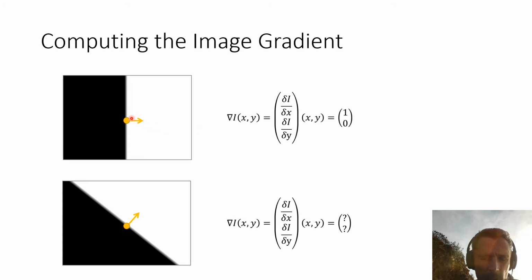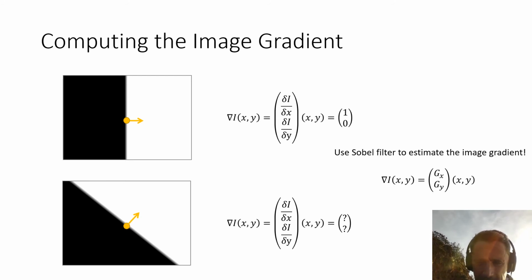And then if we rotate the image or rotate the edge, we see that now, what happens to the x and to the y partial image derivatives? What do you think? What's going on? Okay, and we'll clear this up later in the Q&A session.